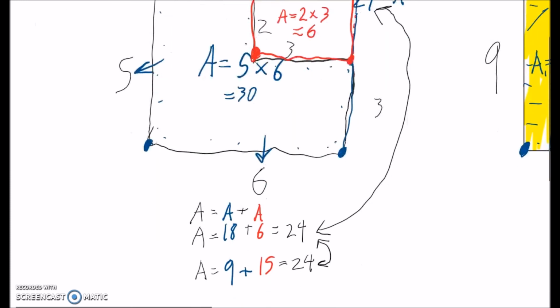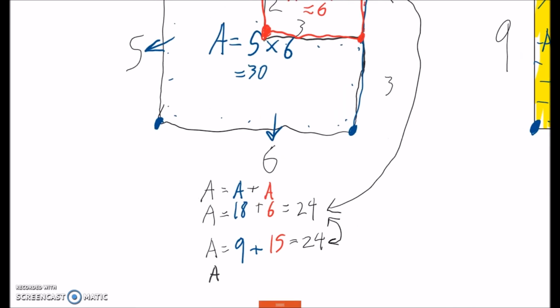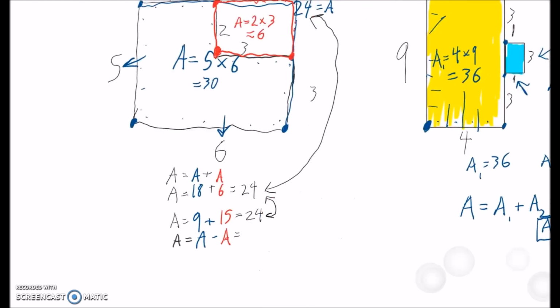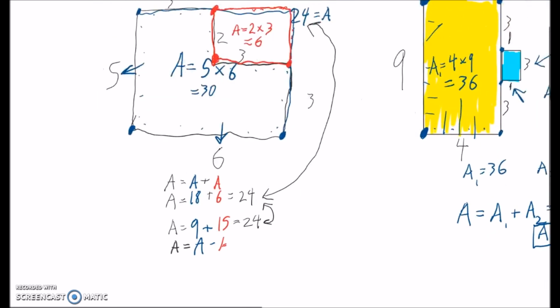So another way to do it, let's see if I can zoom out a little bit. Area equals total area minus our new red area. So we need to find out what that is. Sorry about that.